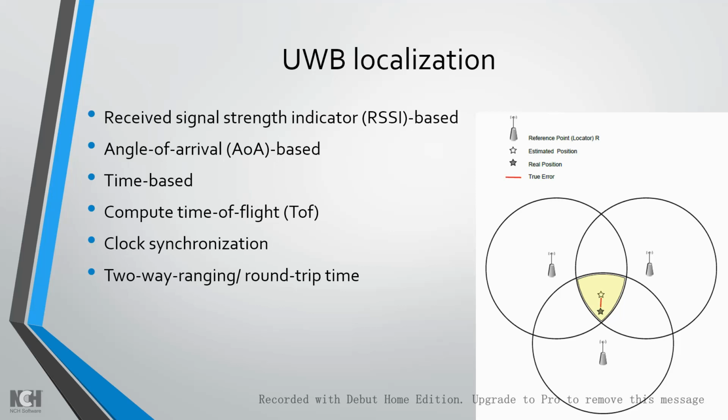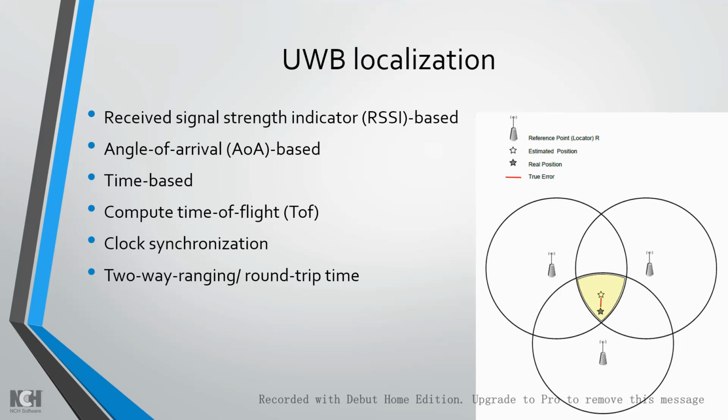So another way is to compute two-way ranging or round-trip time. The signal travels from transmitter to receiver and back and forth, so just recording two receiving times will give the time of flight.